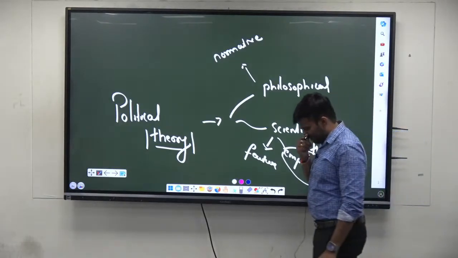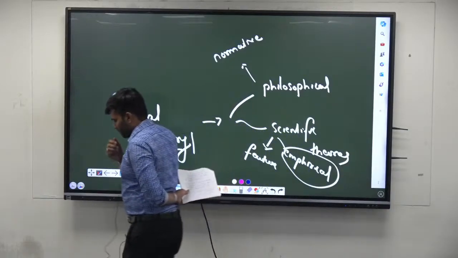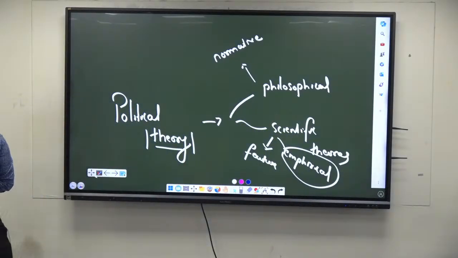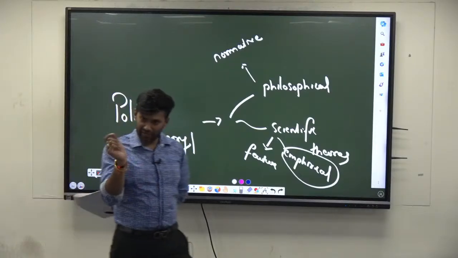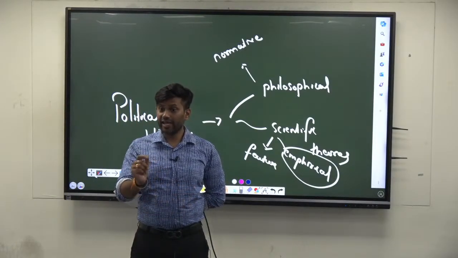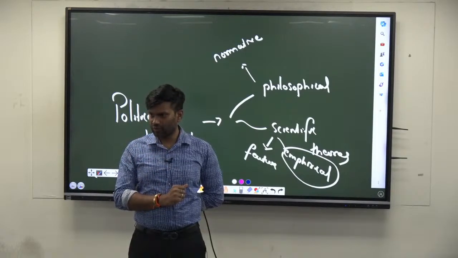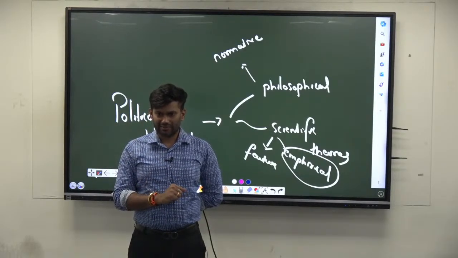So to give an example, what do we mean by an empirical theory? Now if I want to say that in India, caste does play a very key role in electoral outcomes, I can scientifically prove it. How? Collect data.